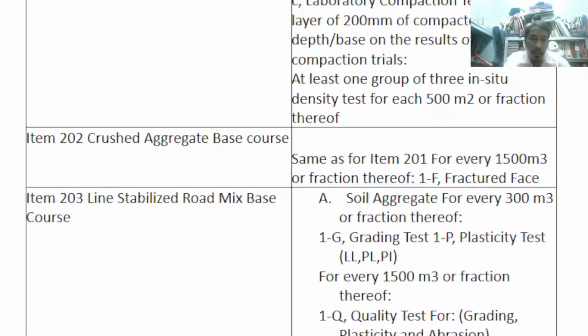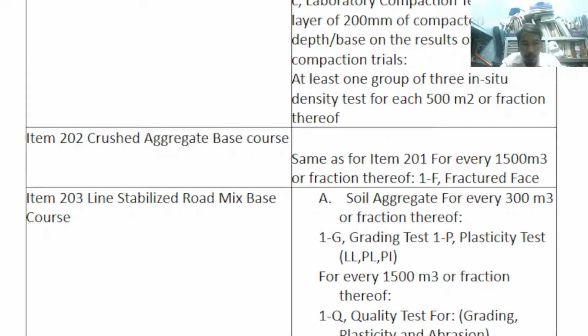And for every 1,500 cubic meters or fraction thereof, 1C test. And for every layer of 200 mm of compacted depth per base, at least one group of 3 in situ density tests. So density test per group is 3. There are 3 actual specimens.